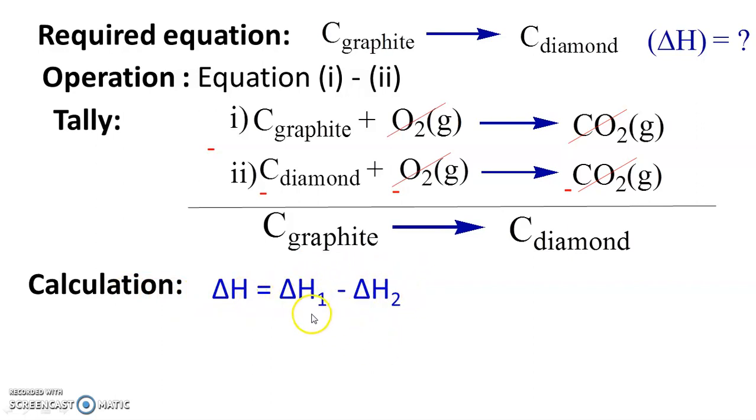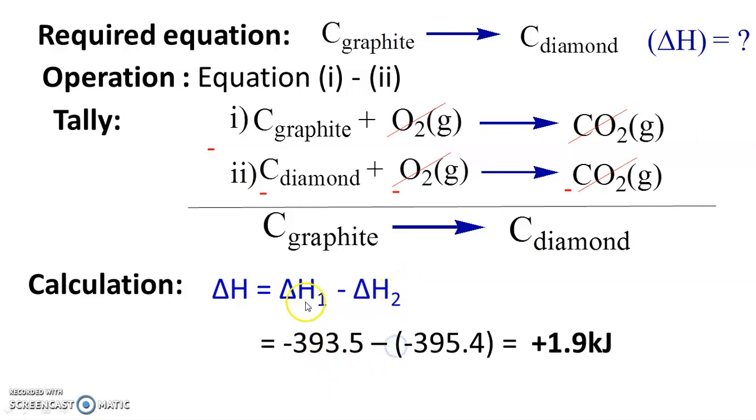We know the value of delta H1 and delta H2. So delta H1 is minus 393.5 minus delta H2 is minus 395.4. Answer is plus 1.9 kilojoule, and this is the enthalpy change for conversion of carbon graphite to carbon diamond.